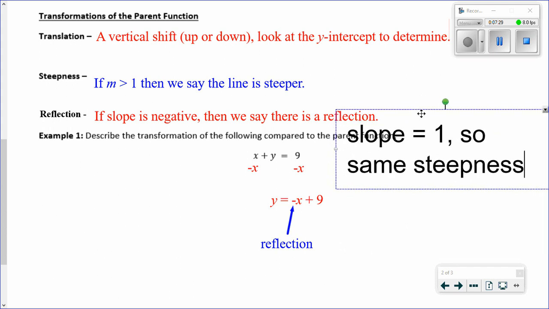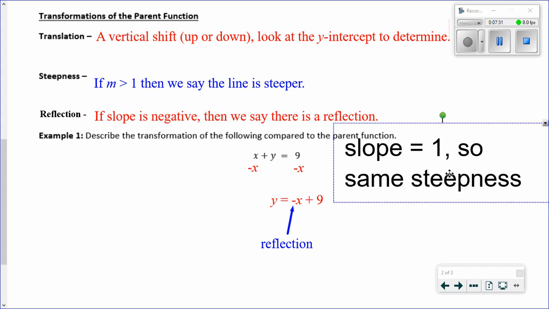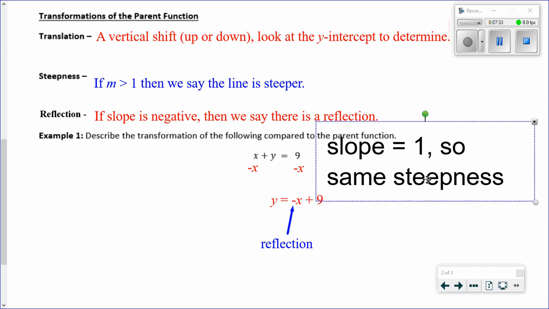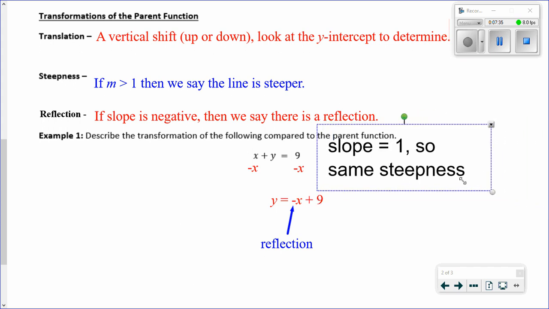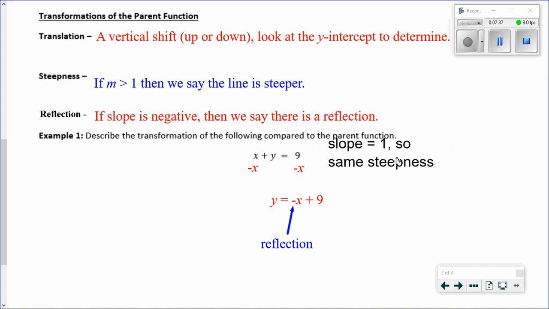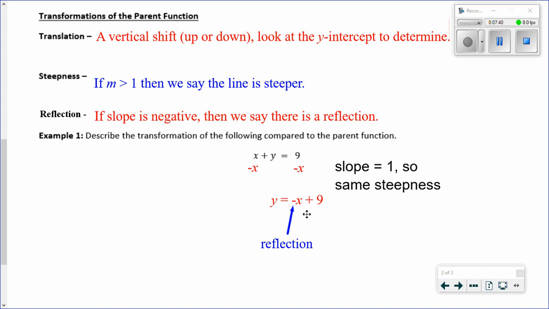Okay, so the number of the slope tells us about the steepness. And then the y-intercept tells me that it's a vertical shift up 9 units from the parent function. So that's what I would write as my final answer.